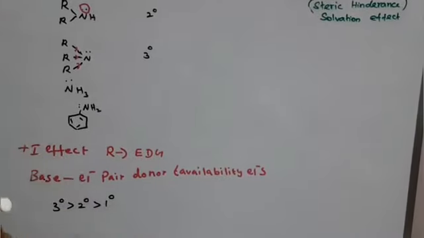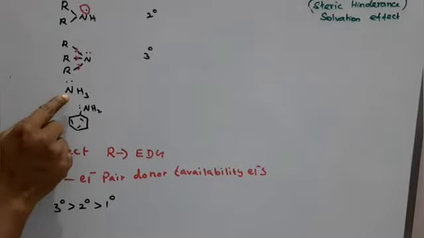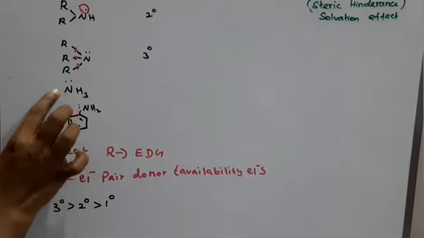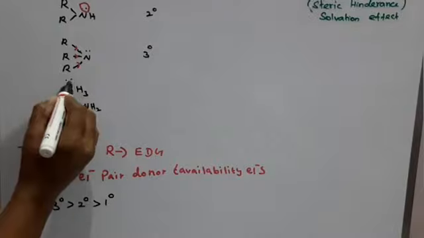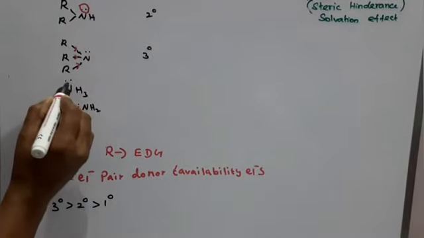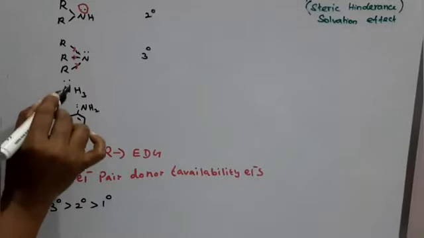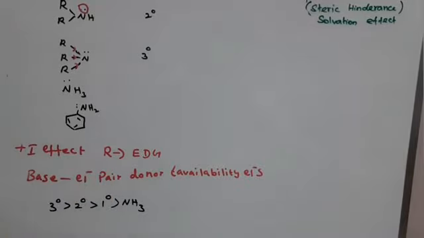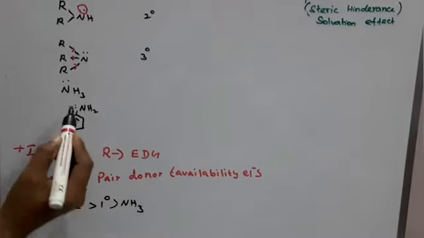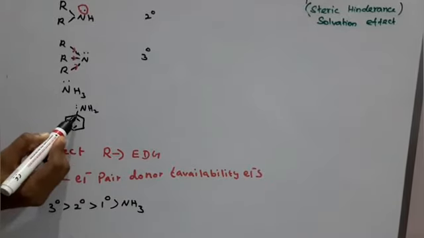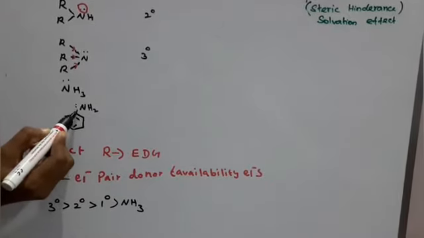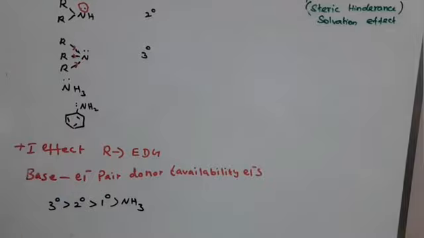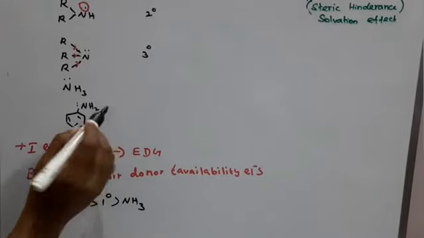For ammonia, there is no electron releasing alkyl group present, so it is lower, NH3. In aryl amine, the N is directly attached to the carbon atom of the benzene ring, so it donates its pair of electrons to create a partial double bond and undergoes a resonance structure.